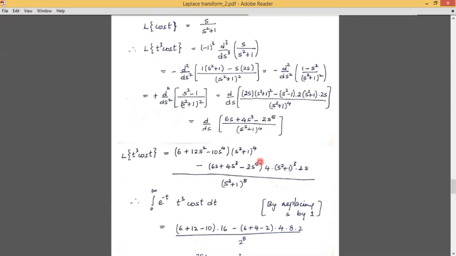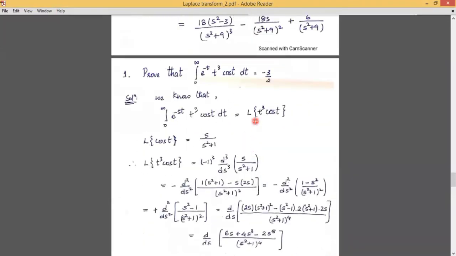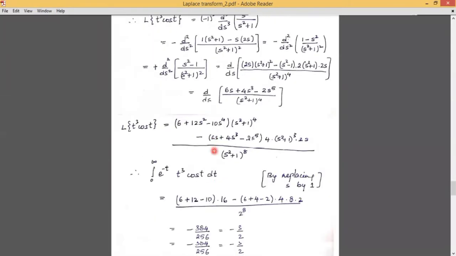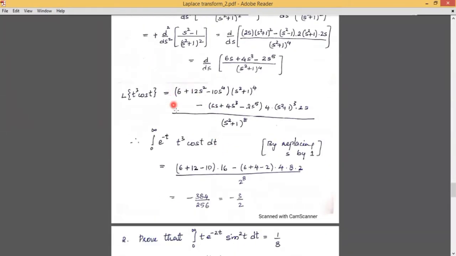In this, I have substituted s as 1. In place of s, I am having 1 here. Remaining everything is same. So in place of s, I need to replace 1. So in this step, I have done that substitution.